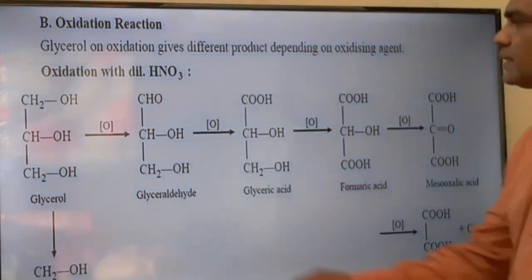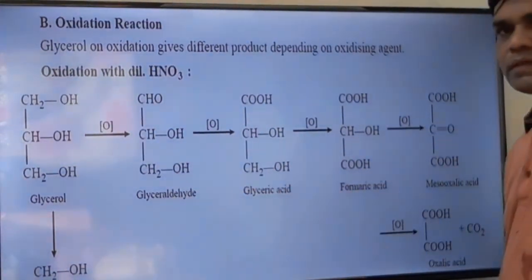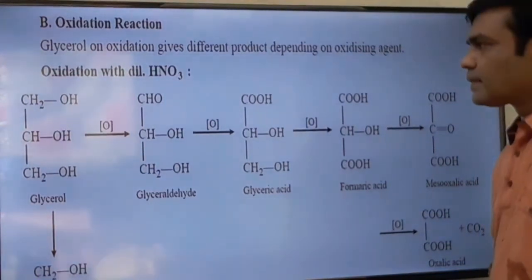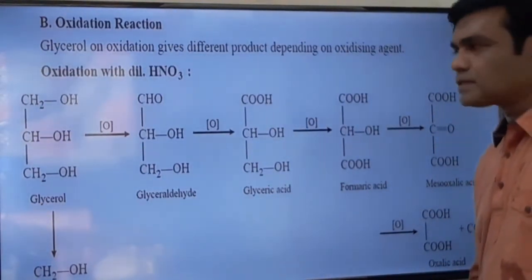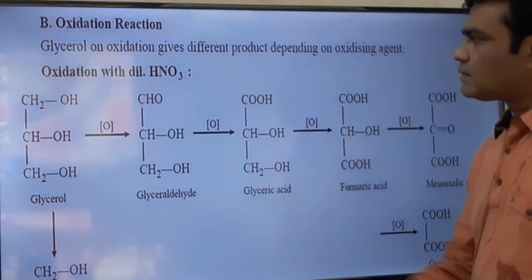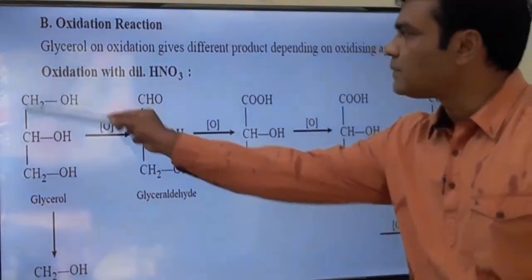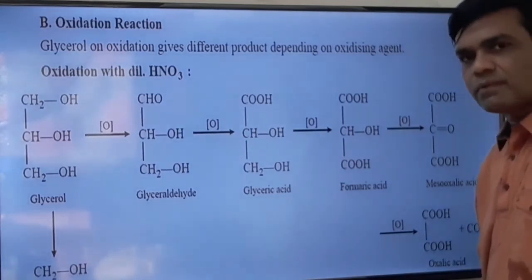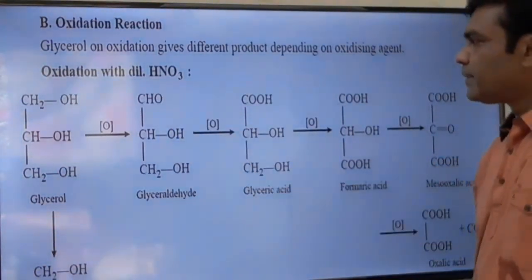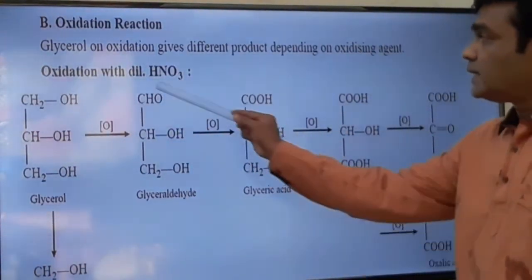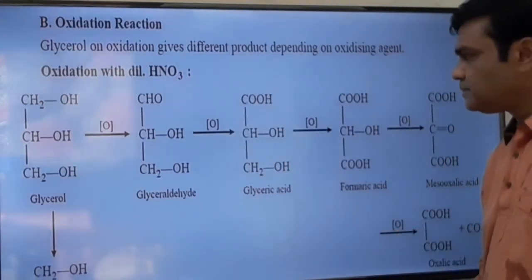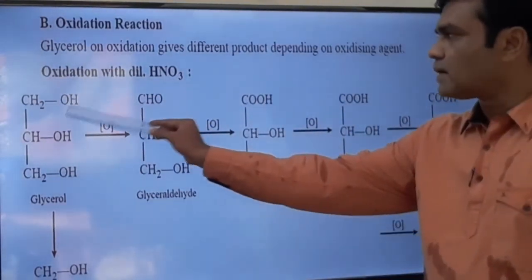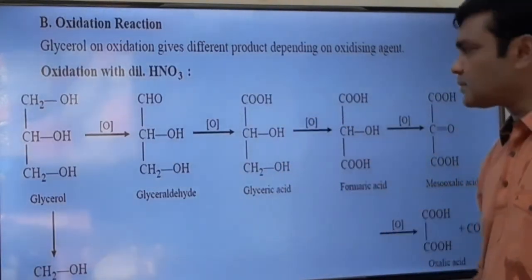What happens, see here, this nascent oxygen on the arrow is to show the oxidation process. Here oxidation takes place. This CH2OH primary alcoholic group is oxidized to aldehyde. You know that the oxidation product of primary alcohol is aldehyde. Then on further oxidation, this aldehyde will oxidize to carboxylic acid, COOH. See the sequence, primary alcohol to aldehyde, aldehyde to carboxylic acid.